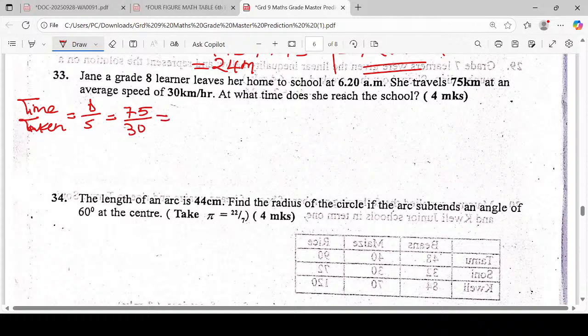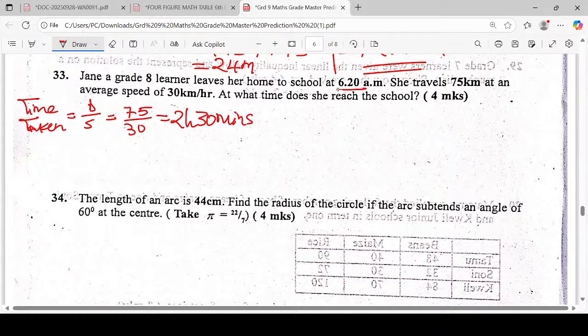When you take 75, you divide by 30, that's going to be 2 hours 30 minutes. This is the time it will take her on the road.